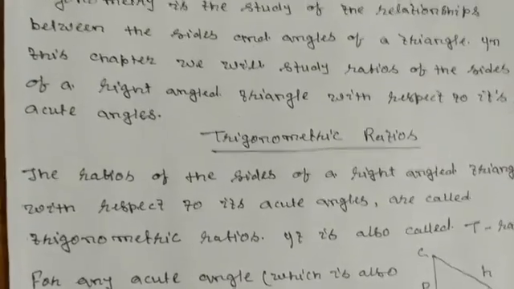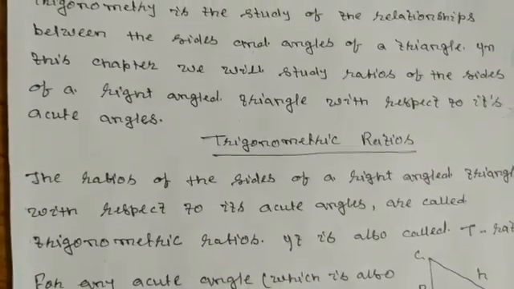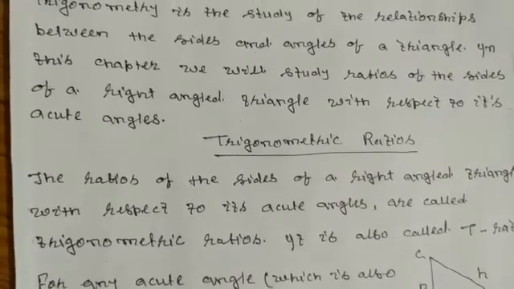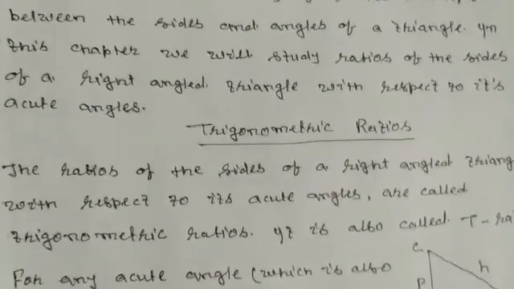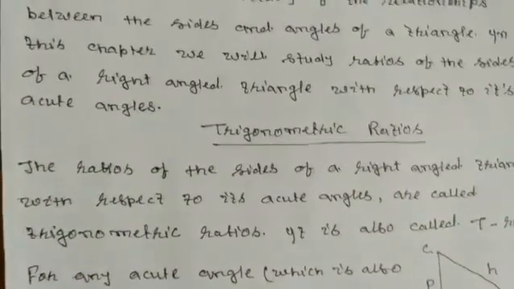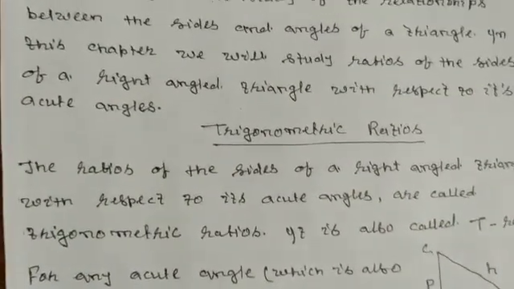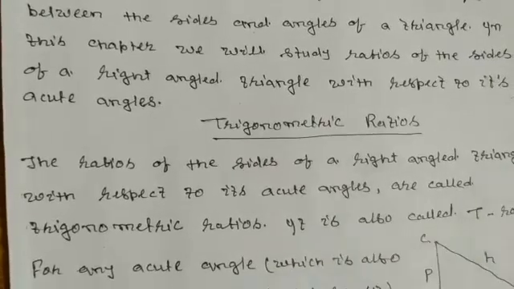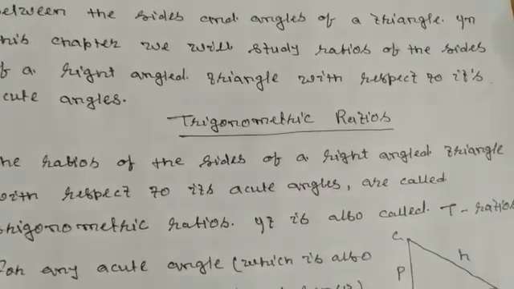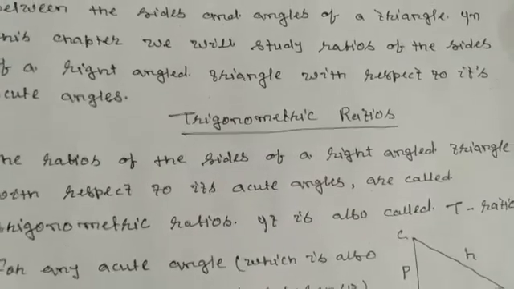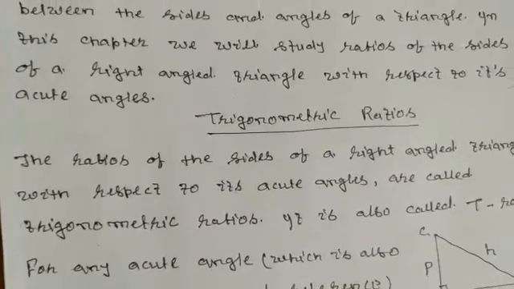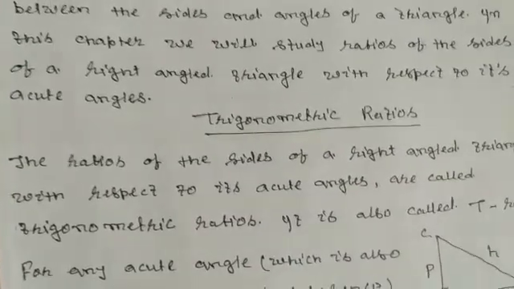So here we have to now study what is a trigonometric ratio. The ratios of the sides of a right angle triangle with respect to one of the two acute angles are called trigonometric ratios.